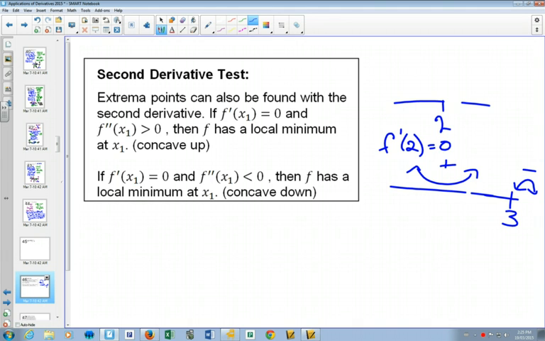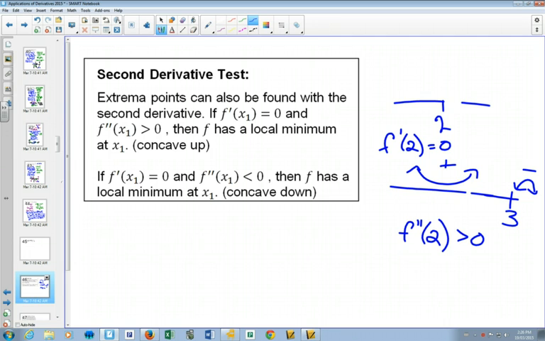Okay? Because here's 2, we would say that f double prime of 2, because it's positive, is greater than 0. The only way that it can be concave up at 2 and a tangent equal to 2 is if it was a minimum.